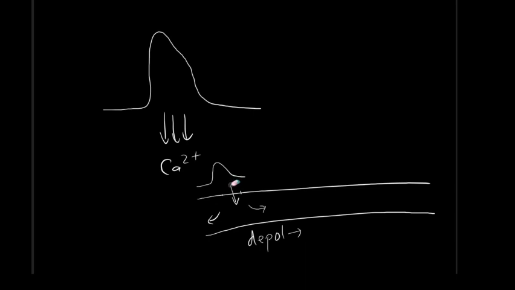And the more we reduce it, the smaller that depolarization will get, and so it'll spread less down the fibre. So the result is you slow down the speed of the action potential moving along the fibre.